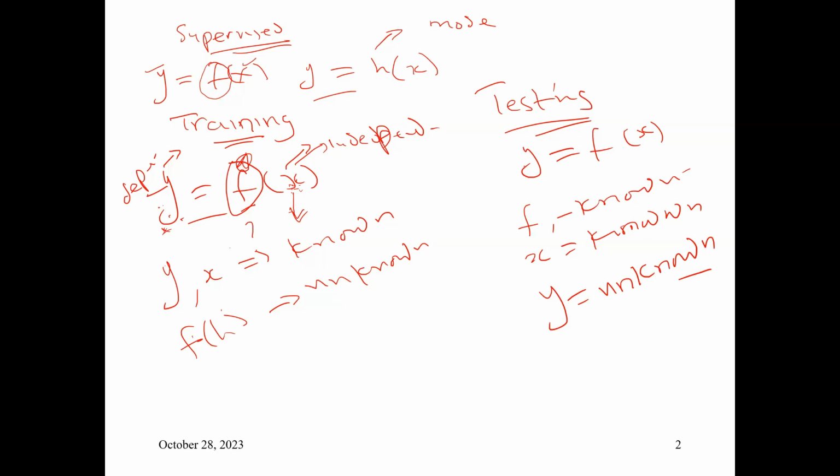However, if we can have our data set, so this decision that is always very challenging to take, once we have trained our model to recognize the hidden relationship between the input and the output, then we can go to the testing stage. During the testing stage, F is now known because we have gotten the representation of F or H, as the case may be, during the training stage.